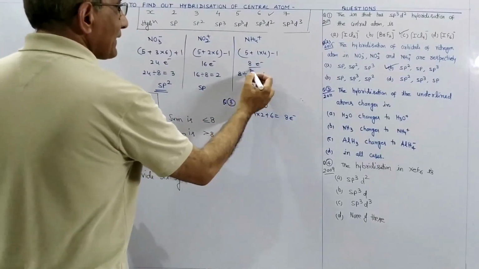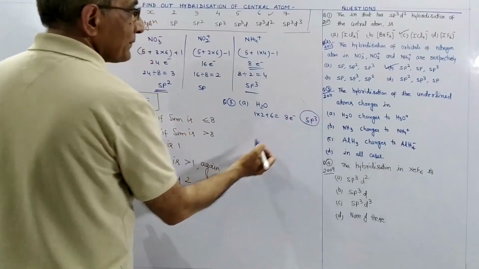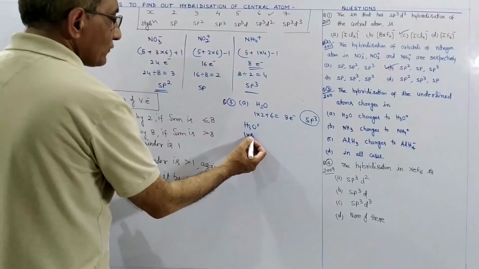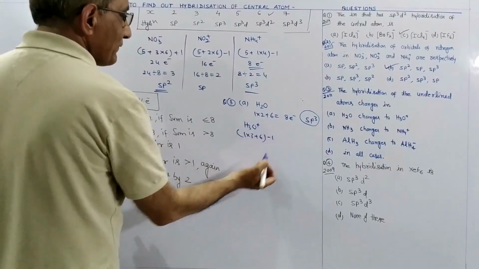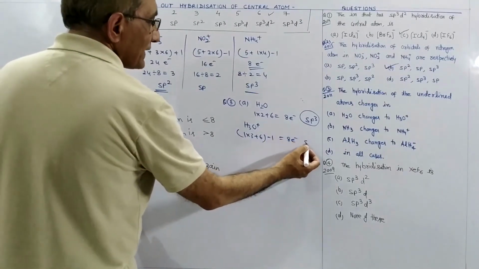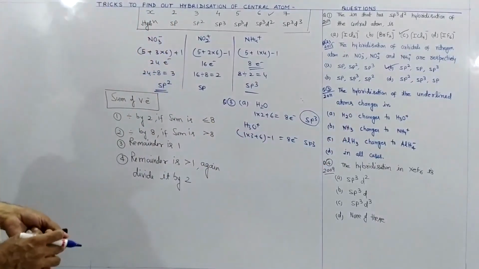If it is 8 electrons students, then hybridization is sp3. H3O plus: 1 into 3 plus 6, minus 1 we have to do. It means again 8 electrons, sp3. It means there is no change in hybridization.